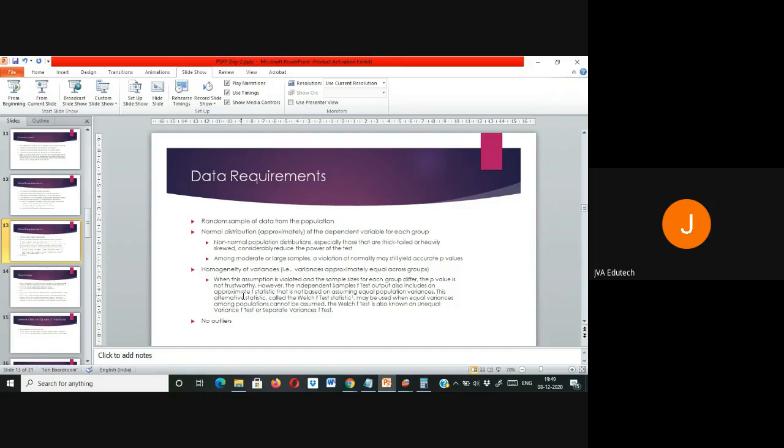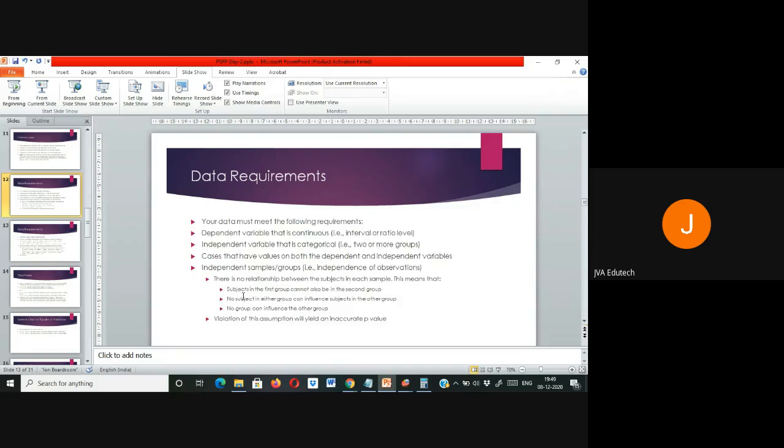So again, I repeat. The data requirements are that your data must be taken on a continuous scale. The dependent variable basically should be taken on a continuous scale. The independent variable should be categorical, that is taken on an ordinal or nominal scale. Your cases should have values in both the dependent and independent variables.